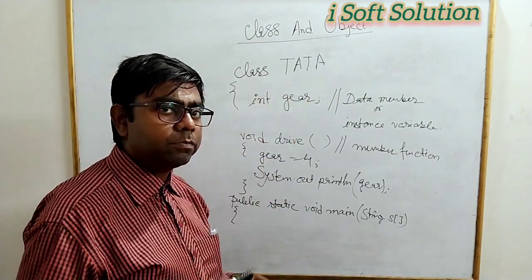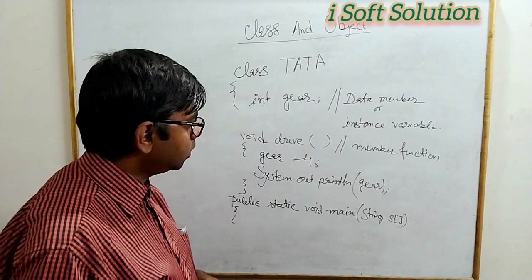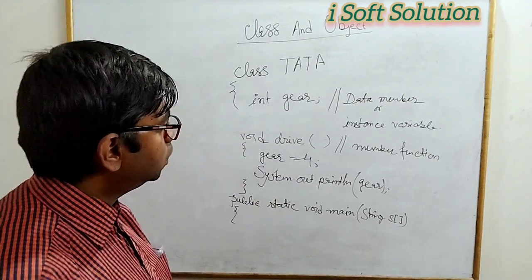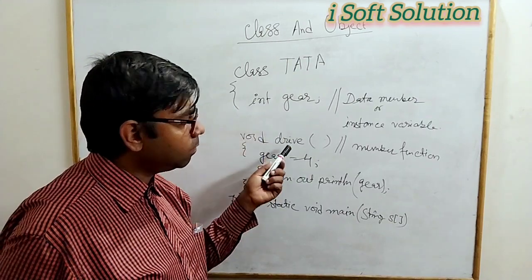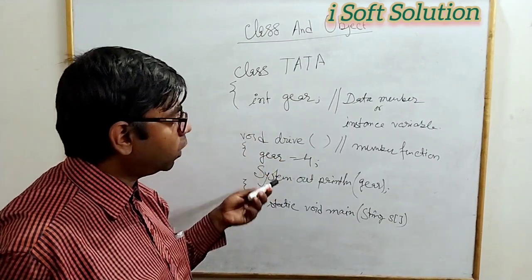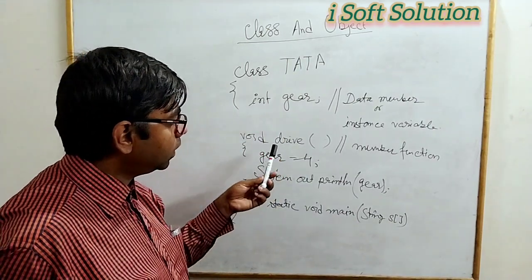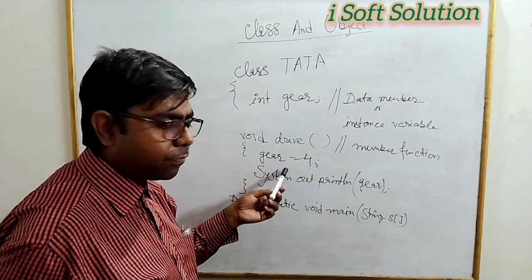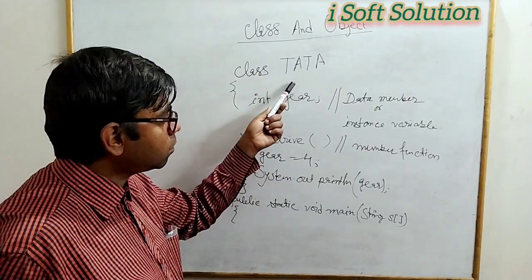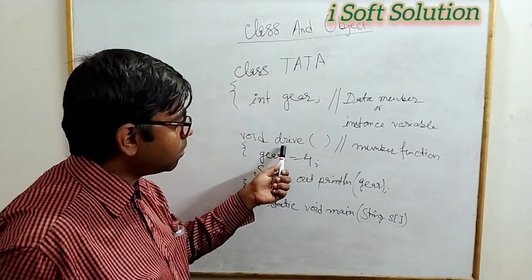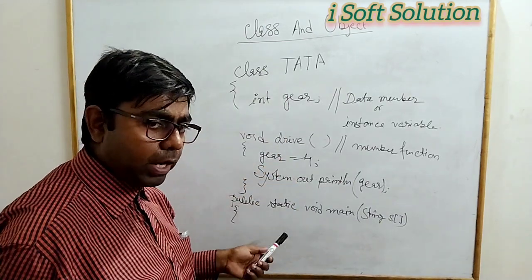Now, what is the purpose of object? The purpose of object is to access the data members and member functions. But in this program, we can access the data member within the member function. So, the purpose of object is to access the member functions only from the main function.